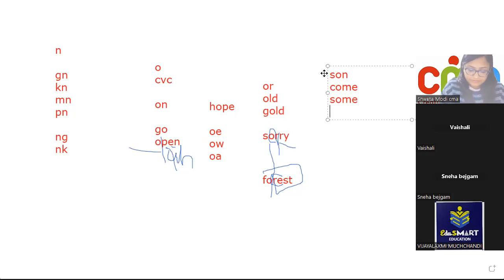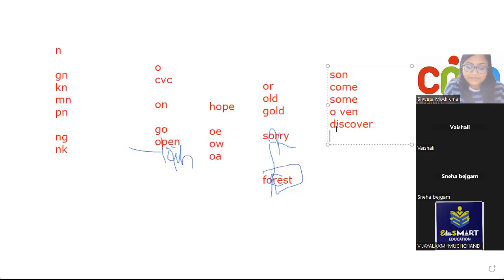It can also come with V, like in oven, like in discover. So O can give the u sound.